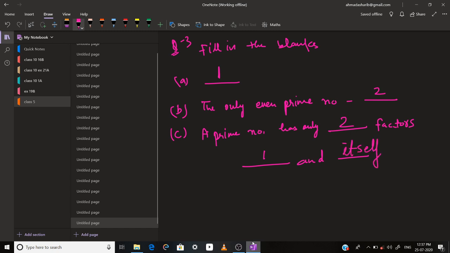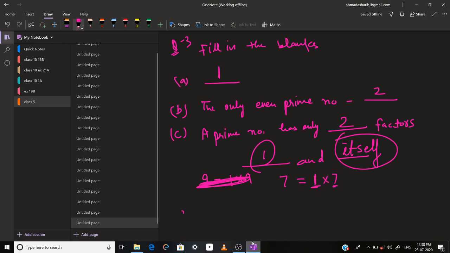This is also a very important point: one factor is 1 and the other factor is the number itself. For example, 9 is not a prime number. 7 has 1 and 7 only. These two are the factors of 7.